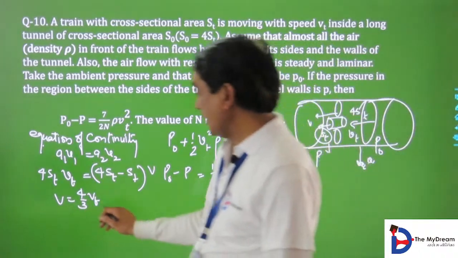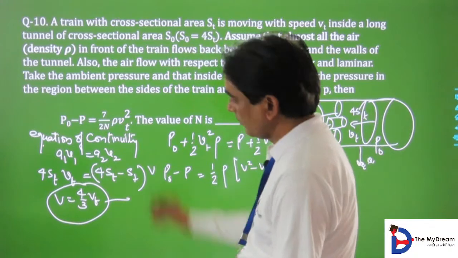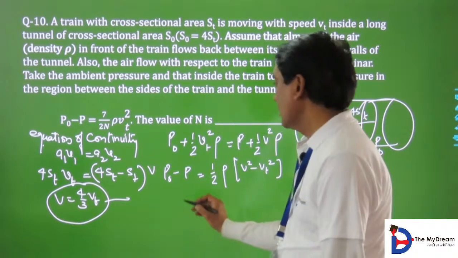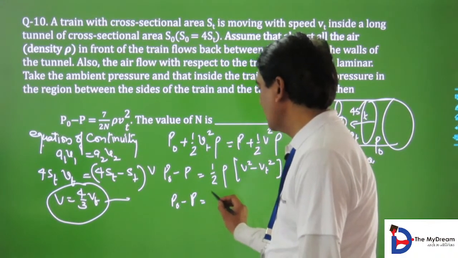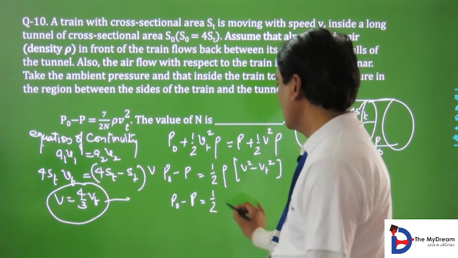The value of v is calculated by the equation of continuity. So P naught minus P is equal to 1 by 2 rho.